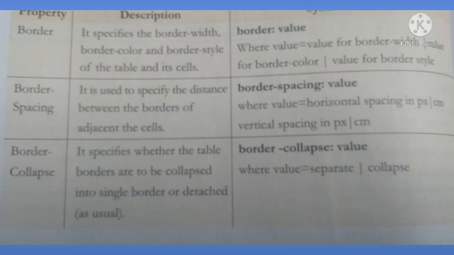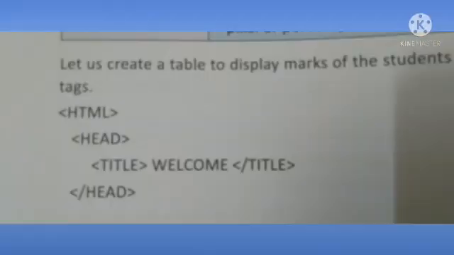Now let us learn with the help of an example, to create a table to display marks of the students and understand the use of these tags. To start the program, first we write the opening HTML tag, and then open the head tag and write the title welcome with the help of opening and closing title tags.